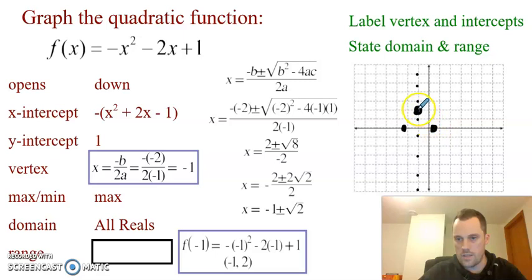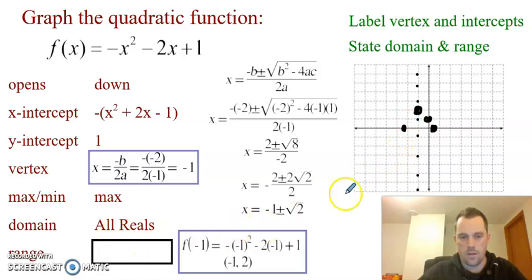Okay, so now I can see that if these 2 points need to be connected, my y-intercept must be above my x-axis here. And it indeed is a positive 1, which I didn't graph right away. So those are my key points.